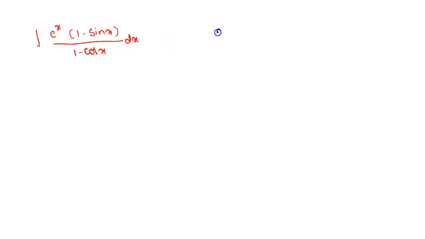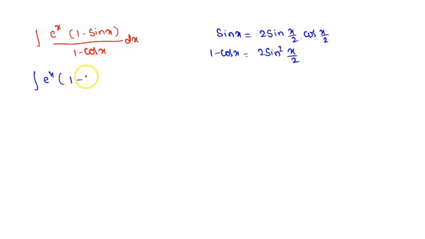So here in trigonometry we have the formula of sin x in submultiple, which can be written as 2 sin x by 2 into cos x by 2, and 1 minus cos x can be written as 2 sin square x by 2. So replace here: integral e power x into (1 minus 2 sin x by 2 into cos x by 2) by 2 sin square x by 2 dx.